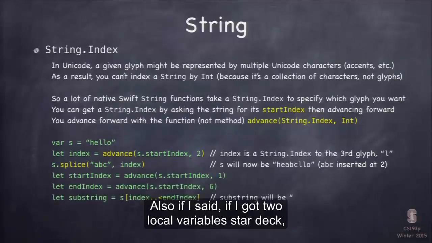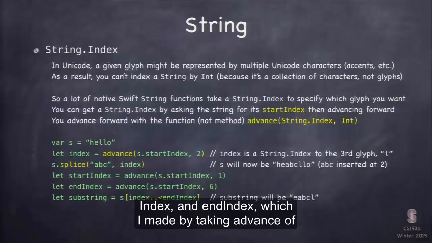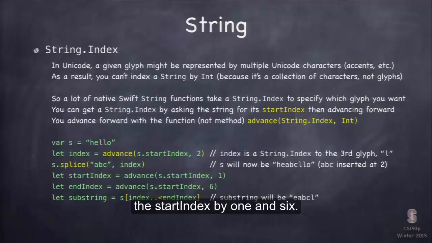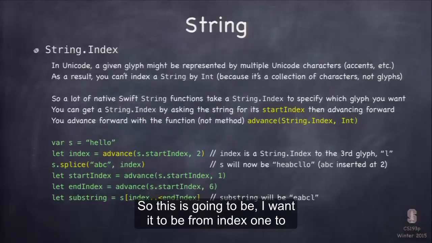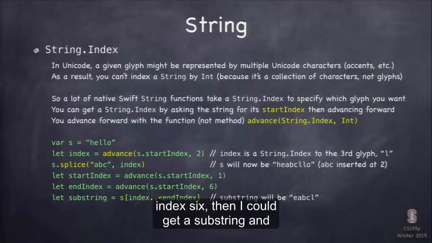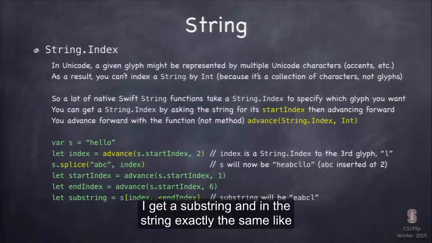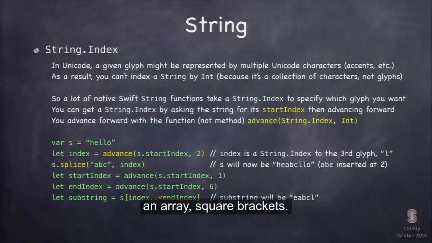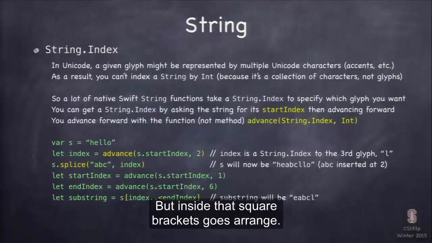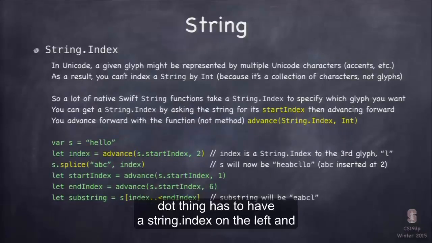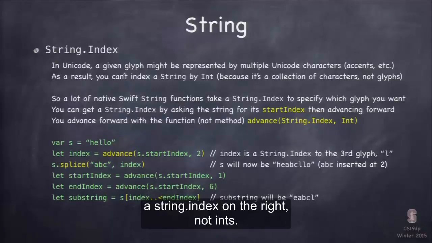Also, if I got two local variables, start index and end index, which I made by taking advance of the start index by 1 and 6, so I want to be from index 1 to index 6, then I could get a substring. And I get a substring in a string exactly the same like in an array, square brackets, string, square brackets, but inside that square brackets goes a range, and the range, the dot, dot, dot thing, has to have a string dot index on the left and a string dot index on the right, not ints.